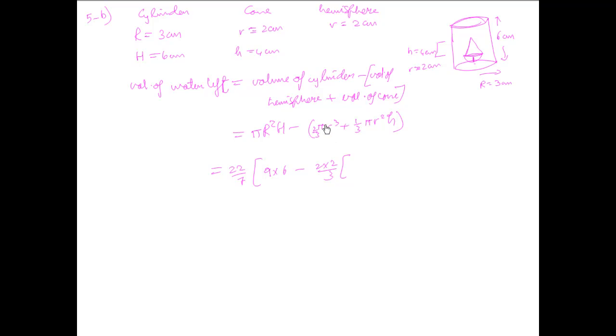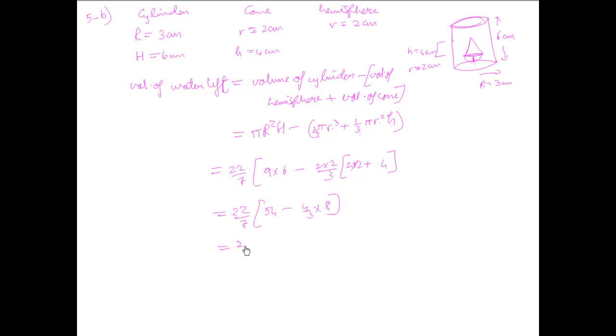Pi is gone, r squared is gone, so r remains, and 3 is gone, so 2r remains here. And here children again r squared is gone, pi is gone, 3 is gone, only h remains, and the value of h is 4. And this radius is 2, so 2 times 2. So that gives us, children, 22/7 times 9 times 6, 54, minus 4/3 times 4 plus 4, that's 8, 32/3.